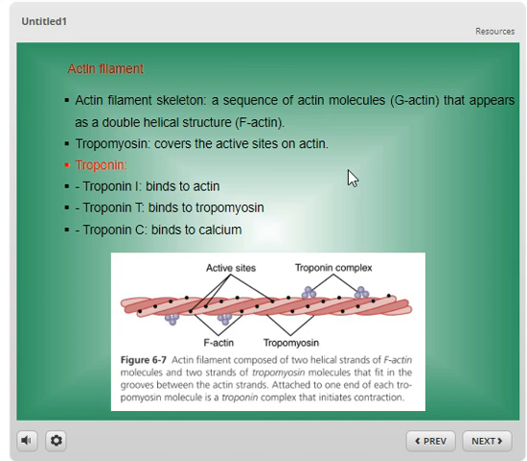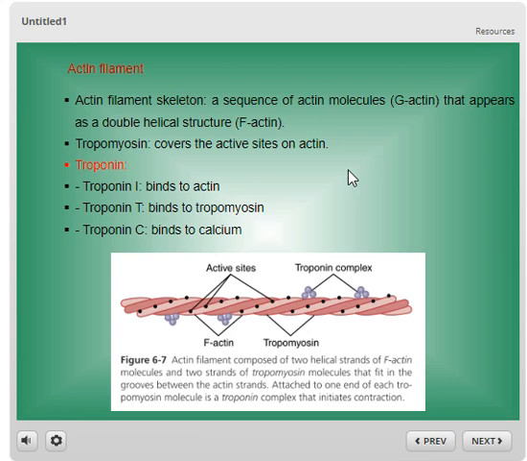As a whole, the actin filament skeleton, along with tropomyosin and troponin complex, play a vital role in muscle contraction by regulating the interaction between actin and myosin.